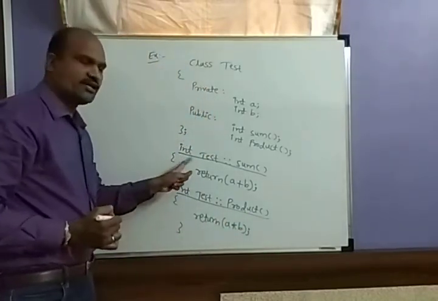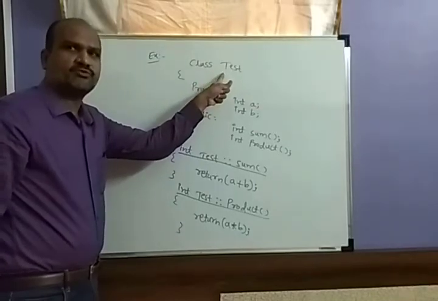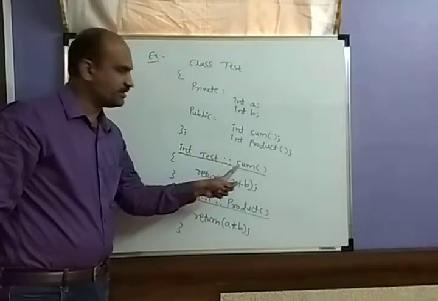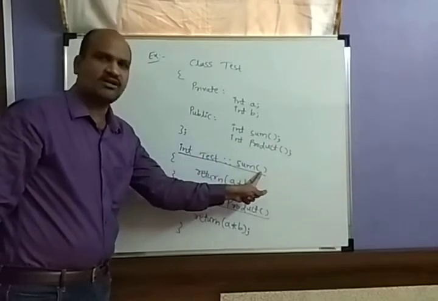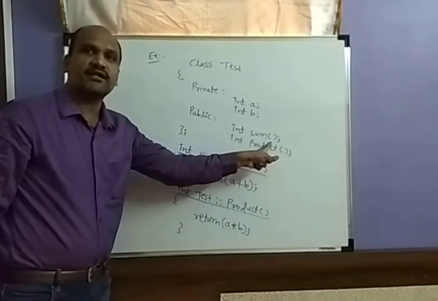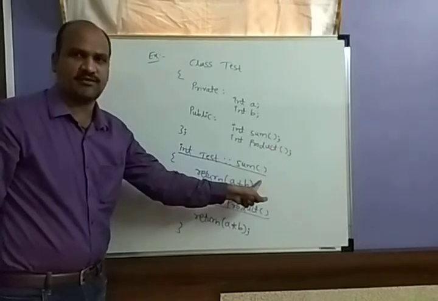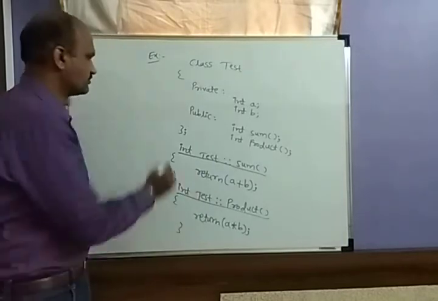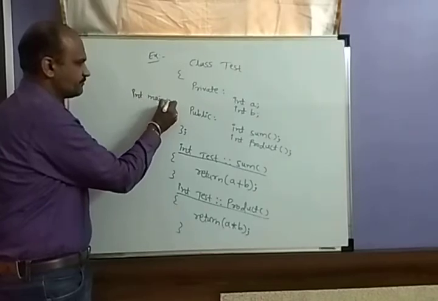So return type, then your class name. Whatever class name you specify, that same name should be here. Then the scope resolution operator, then the function name. If there are arguments, you can pass the arguments. As I told you in the characteristics, the type and number of arguments should be the same as defined in the class. Then you can write the main function, int main.